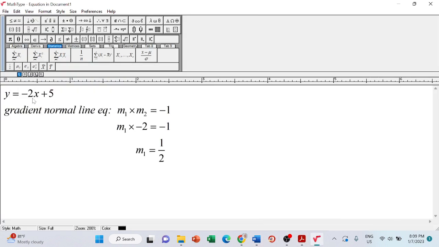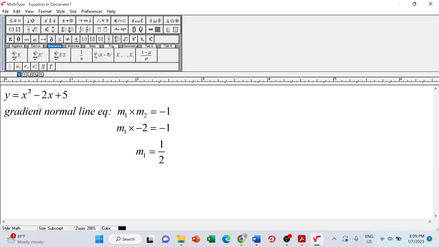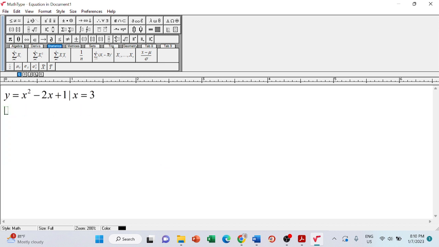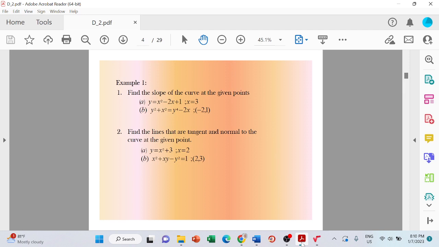X squared minus 2x plus 1. Just put it here: x equal to 3. Slope means gradient.